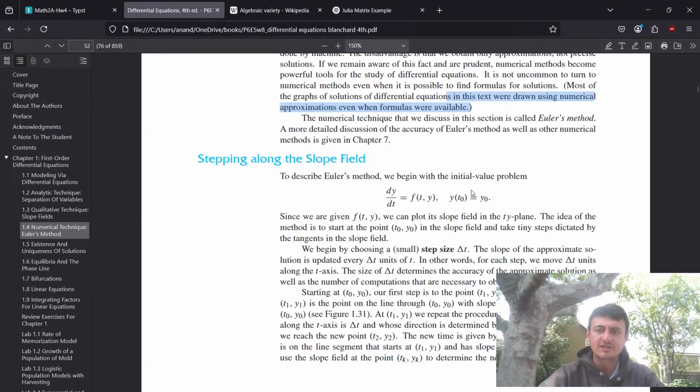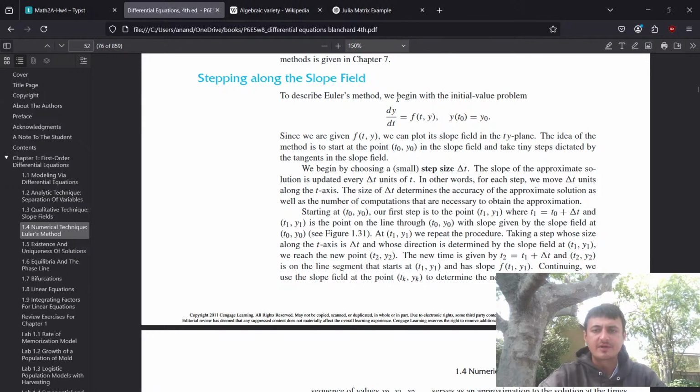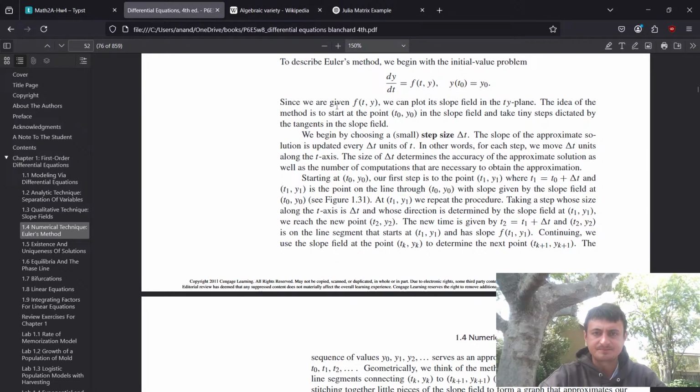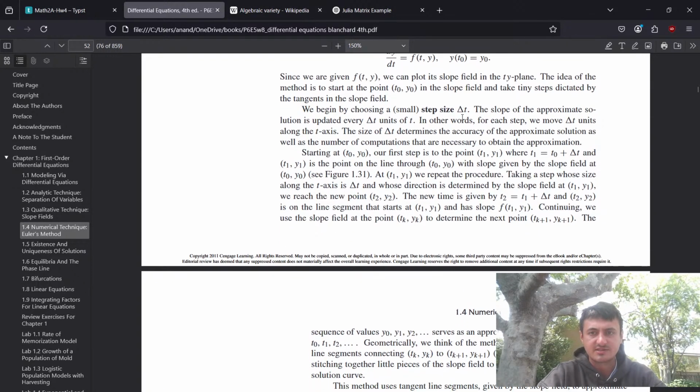The numerical technique that we discuss in this section is called Euler's method. To describe Euler's method, we begin with the IVP. Since we are given f of ty, we can plot its slope field in the ty plane. The idea of this method is to start at t0, y0, and take tiny steps dictated by the tangents. We choose a small step size, delta t.